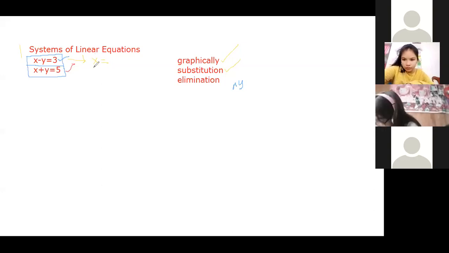And how to solve for x is letting x in the left side of the equation and transferring all of the obstacles to the other side. Like this is x, so transfer negative y to the other, it becomes positive y.